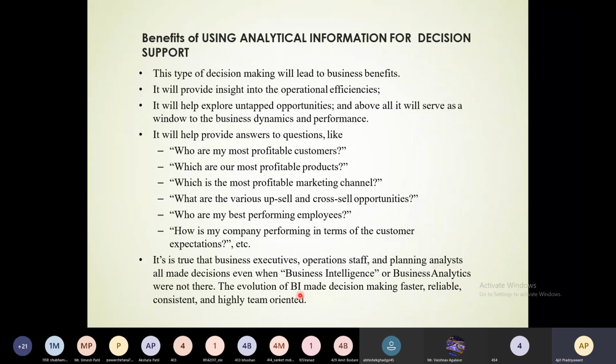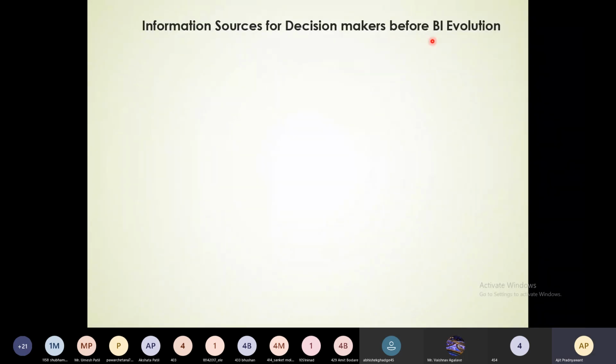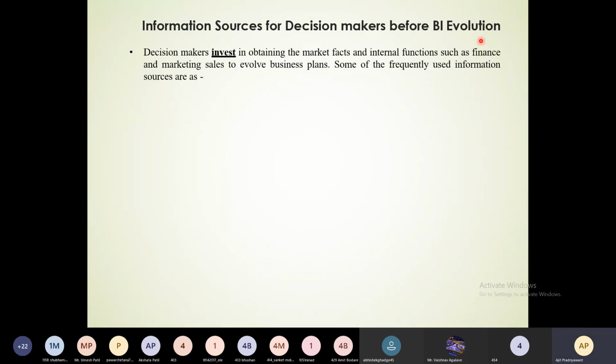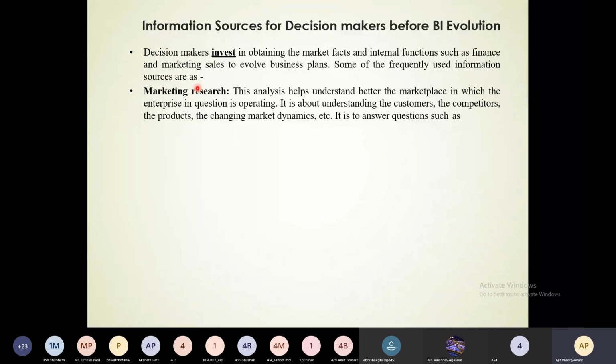So what are the information sources for decision makers before BI evolution? Decision makers invest in obtaining market facts and internal facts such as finance and marketing sales to evolve business plans. Some of the frequently used information sources are market research.